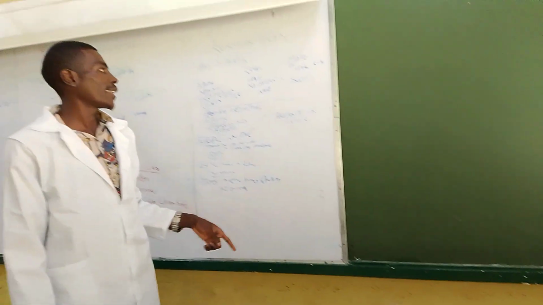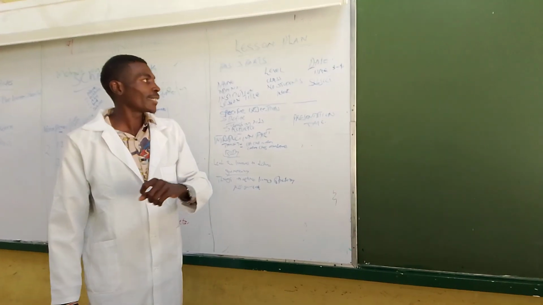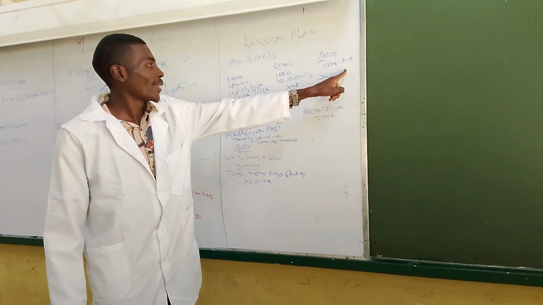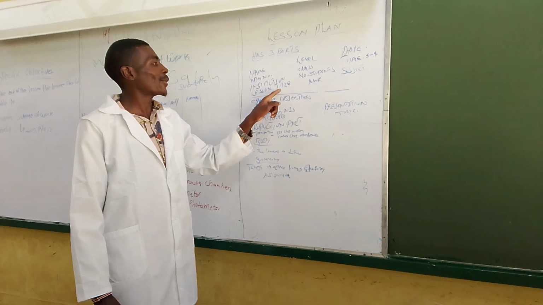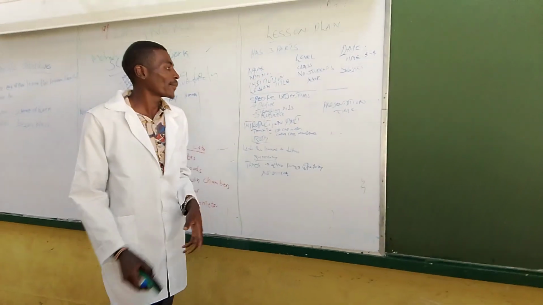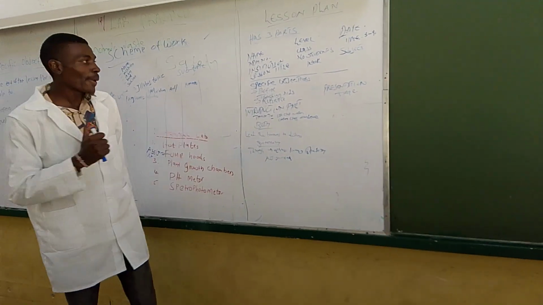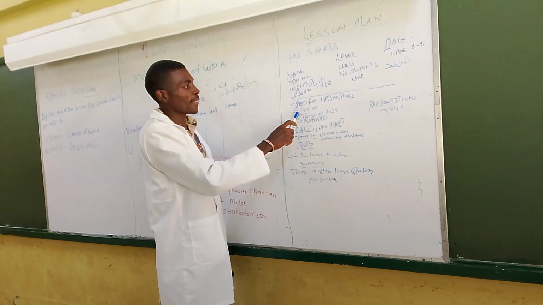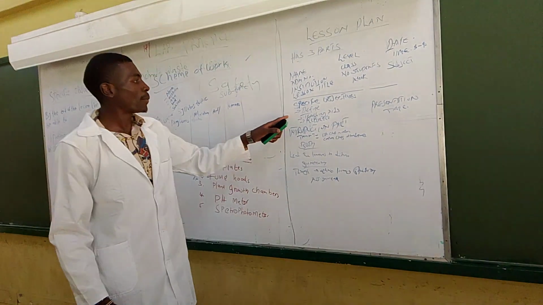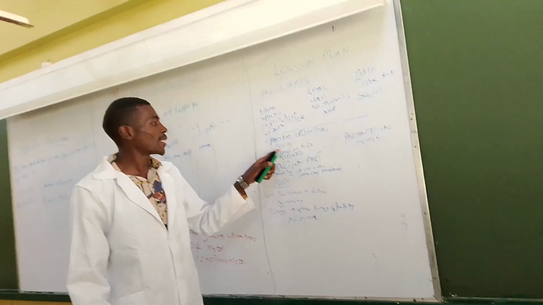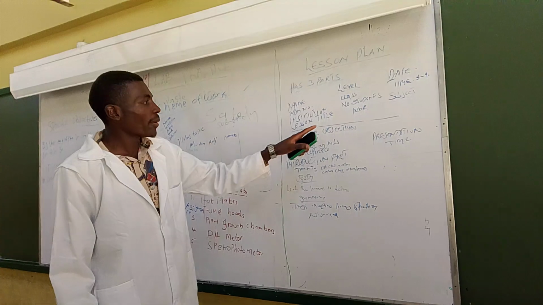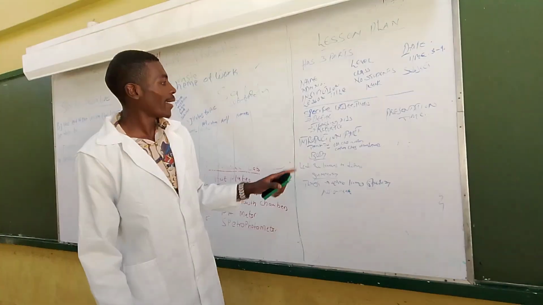Then the subject, like let's say you are teaching leveling, you put here leveling. Then the lesson title, introduction to leveling. After there, go to specific objectives. Here you obtain it from the scheme of work, like you define the terms being indicated there.